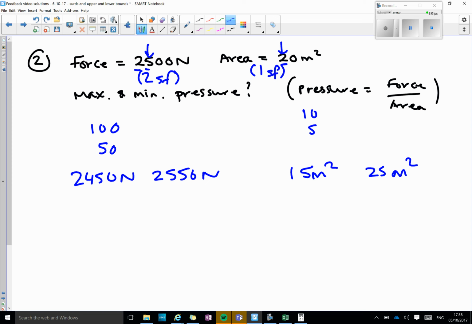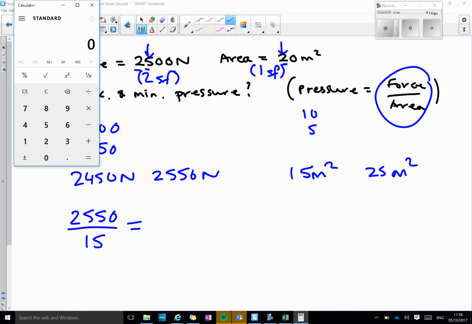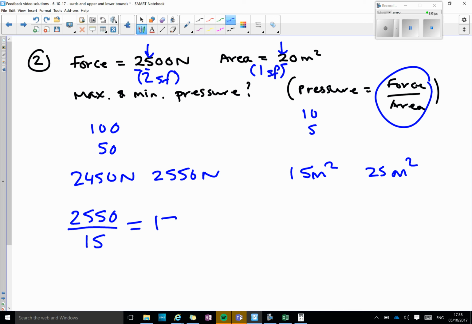So to find the upper bound for the pressure, I can see this as a division. So to find the upper bound, I'll do the largest force, 2,550, and I'll divide that by the smallest area. So 2,550 divided by 15, and that gives me an answer of 170 and the pressure is in newtons per meter squared.